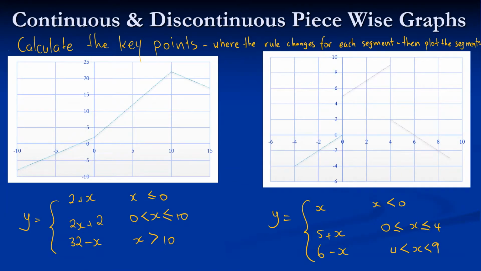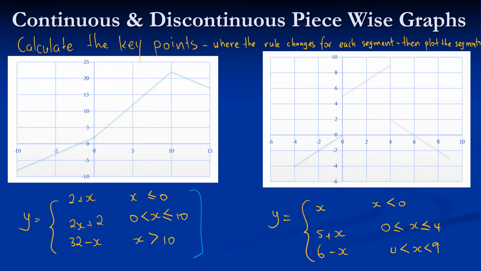Finally, there are two sorts of piecewise graphs that I want to make a point about: they can be continuous or discontinuous. You can see on the left hand side all the lines join up, so that means it's continuous. On the right hand side the lines do not join up, so that means it's discontinuous. The next point I'd like to make is that we've got y equaling three rules here for a variety of sets of values.